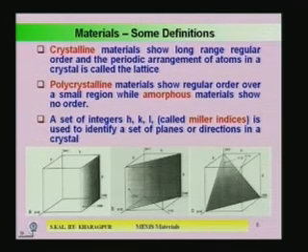Crystalline is known because it will have long range regular order and a periodic arrangement of atoms in a crystal, and that periodic arrangement of atoms is known as the lattice, and all the atoms in a crystal are located at the lattice points, and the distance between the lattice points is known as the lattice constant. So, this periodic nature in a long range will be maintained, that is the single crystal silicon.